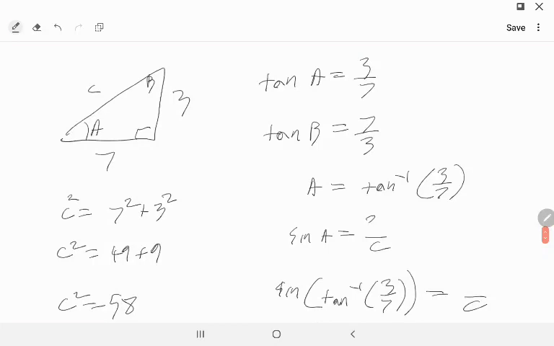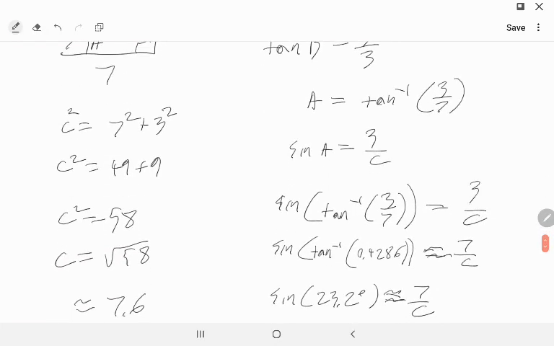So we're saying sine A is 3 divided by c.